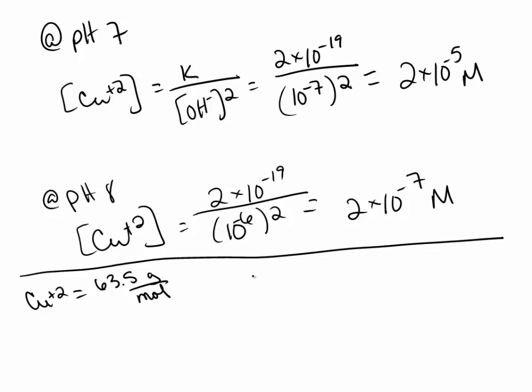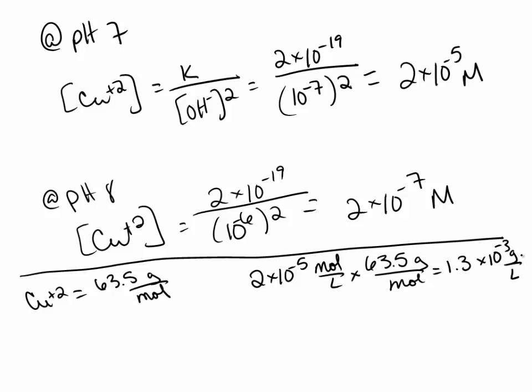So when we do that, we see that a 2 times 10 to the negative 5 mole per liter concentration times 63.5 grams per mole yields a final concentration of 1.3 times 10 to the negative 3 grams per liter, which is equal to 1.3 milligrams per liter, and that is at pH 7.